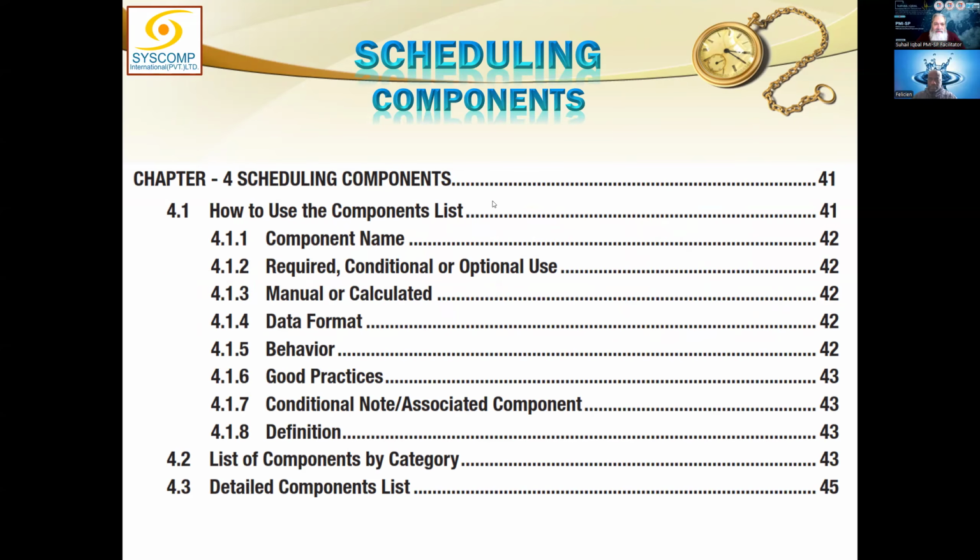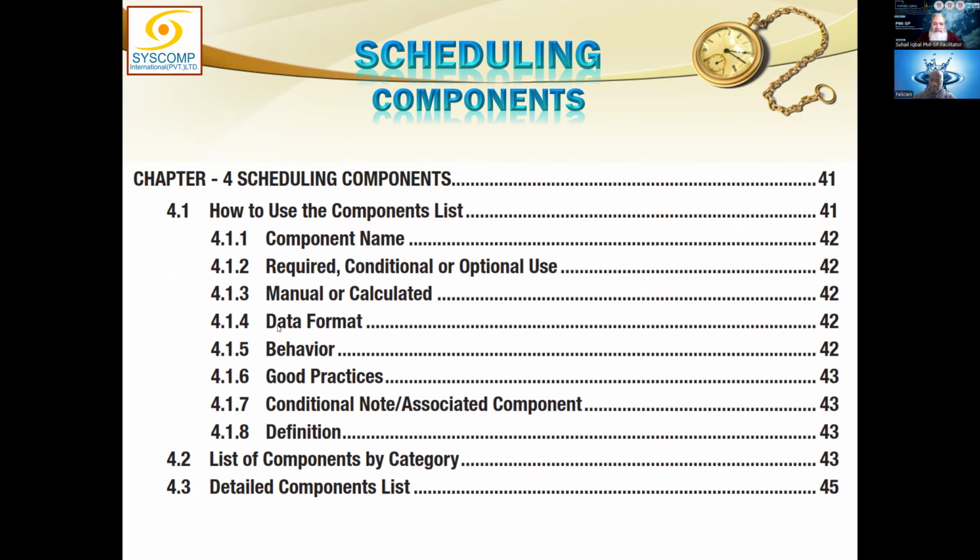There are more than 100 different components. They are classified into 8 categories. Every component has a name. It either should be a required component, a conditional component or optional. Data could be filled manually or it should be calculated.